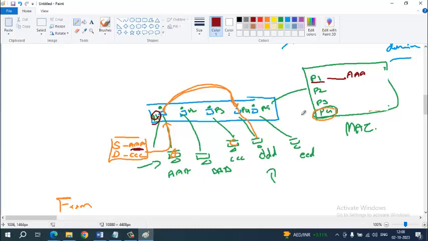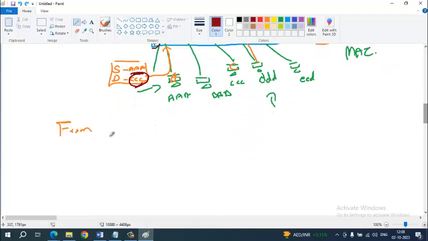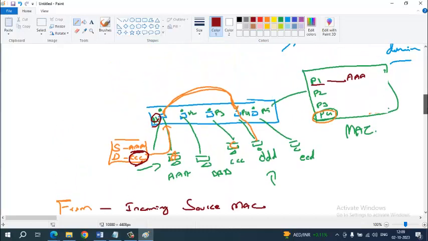Because the destination is unknown, listen carefully, this is important. Do you have any information about CCC? No. For unknown destinations, switches will flood. It learns the MAC address from the incoming source, but the destination is not known initially, so it will flood the traffic.